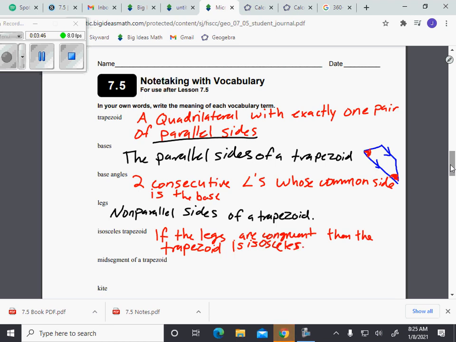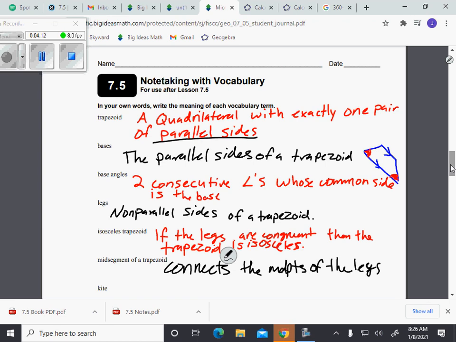Okay. The midsegment of a trapezoid connects the midpoints of the legs. Okay.